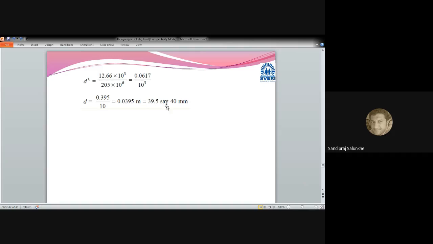Hence D cube is equal to. Now I was just asking about the unit.